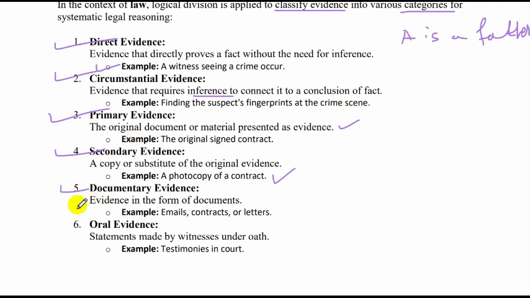Direct evidence, indirect evidence, which means circumstantial evidence, primary evidence, and secondary evidence. Fifth is documentary evidence: evidence in the form of documents, emails, contracts, letters. Oral evidence: statements made by witnesses under oath, testimonies in court. So now we have six: direct, circumstantial, primary, secondary, documentary, and oral evidence.